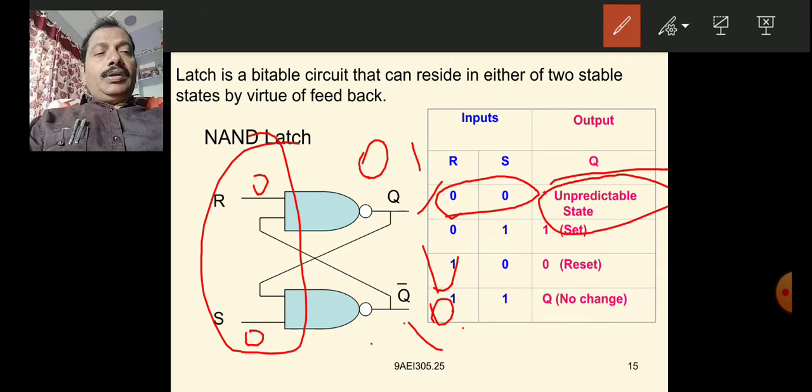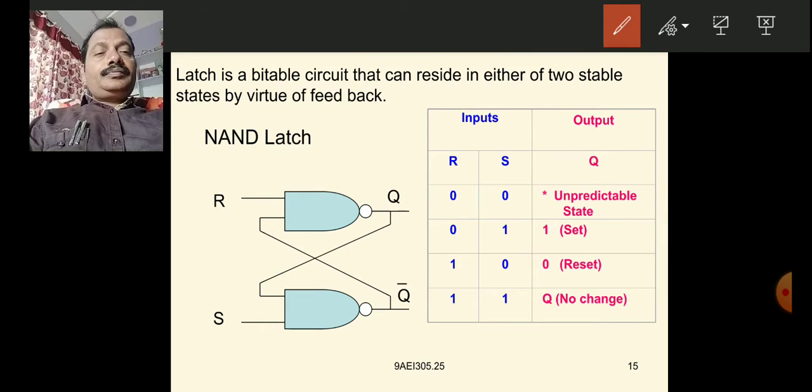This is called the unpredictable and prohibited state combination. It is called undefined. That you have to remember. Next, let us see 0, 1.